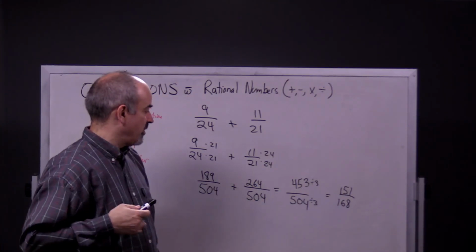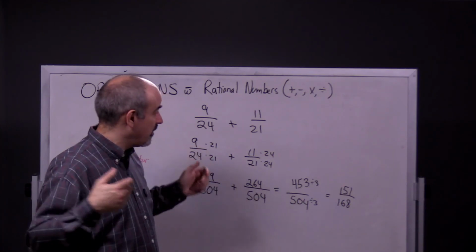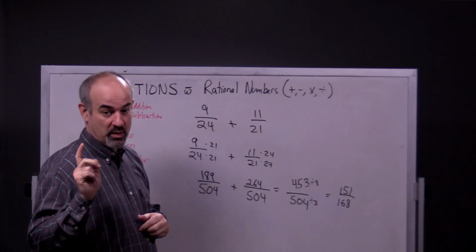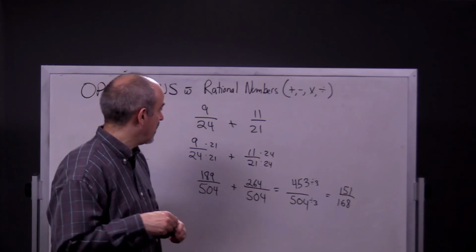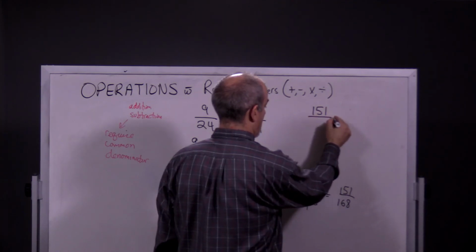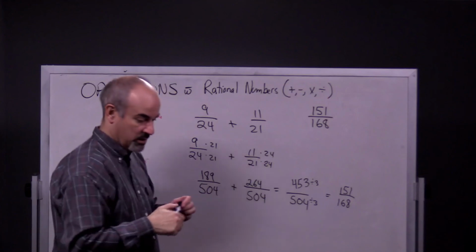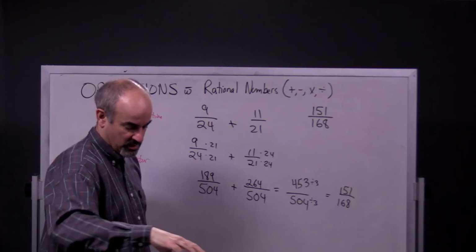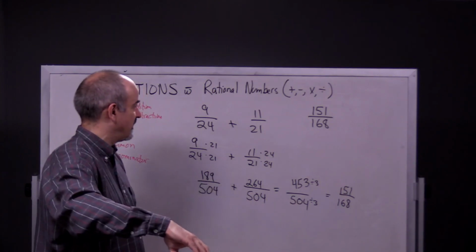So 151 over 168, is that in lowest terms? Well, you know what? I think I'm going to do another video right now where I keep this number on the board and we're going to see if that's in lowest terms. And I'm going to talk about how to test to see if a number is prime.